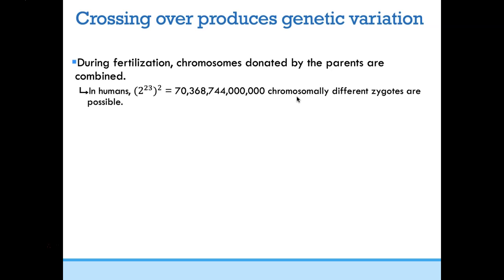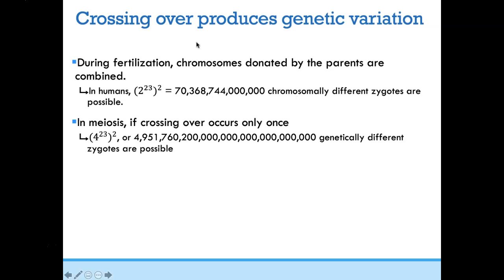So when we get 2 of those in fertilization, the union of male and female gametes gives us more than 70 trillion. That's all assuming that there's no crossing over. So if there's 1 crossing over event, that would give us 4 to the 23rd power squared, or this number over here, different amounts of zygotes available.